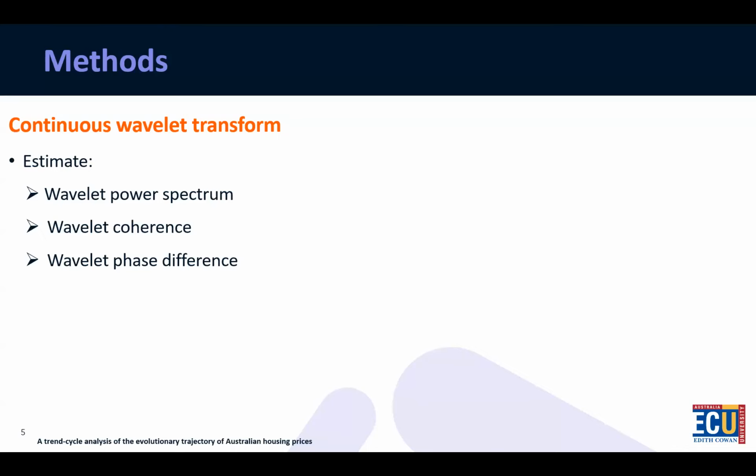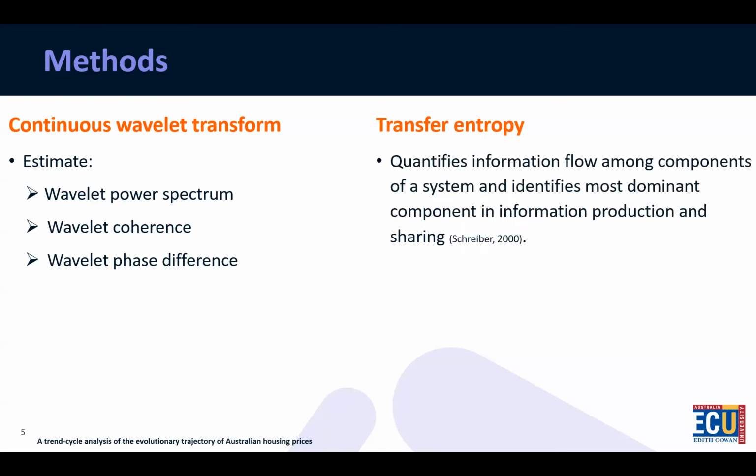But this technique usually provides information about interdependencies in different segments in time, with leading and lagging roles alternating. So because of that, we are not able to determine the eventual leading or dominant city in the pairwise relationship. So we also employ the transfer entropy technique as a complementary approach.